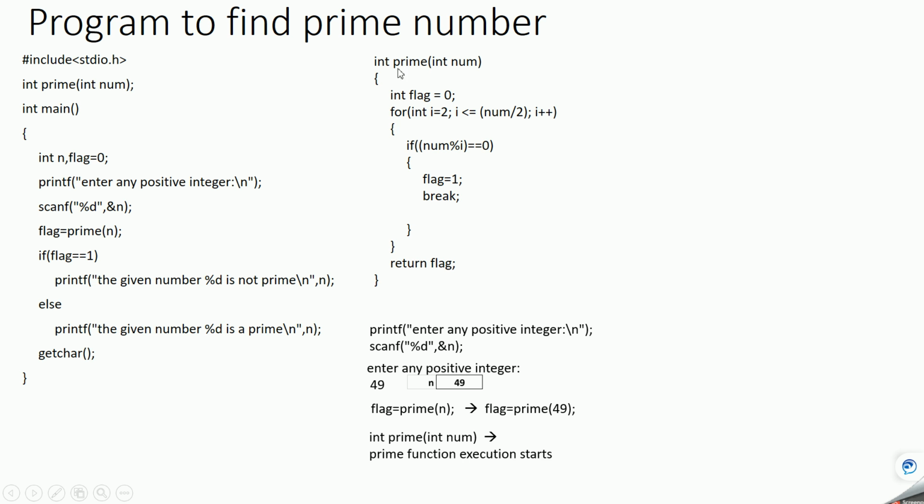So now execution of this prime function will start, and it will go inside and declare initially flag equal to 0. By default we are saying the number is prime, 0 indicates prime, and then we'll start a for loop, and this for loop will check whether the number is divisible by any other number than itself.